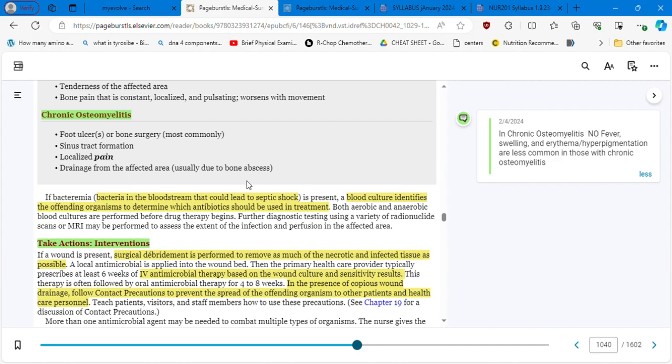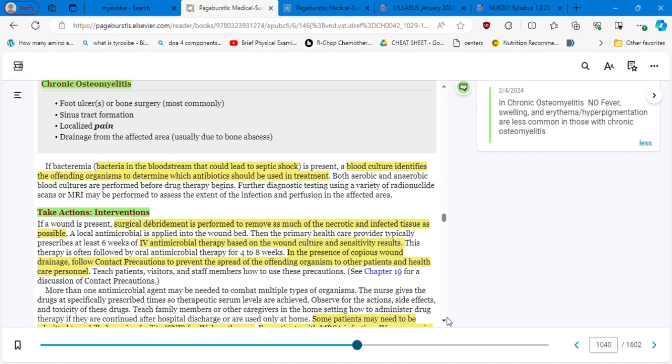I'm just thinking. Bacteria in the bloodstream could lead to septic shock, right? If the bacteremia happens, there's going to be septicemia, septic shock. Blood culture identifies the offending organism to determine which type of antibiotics should be used in treatment.